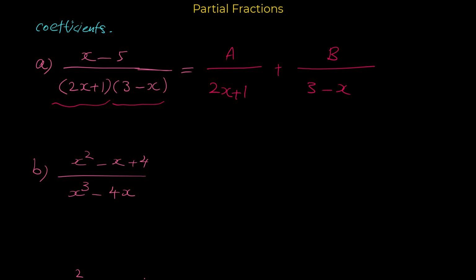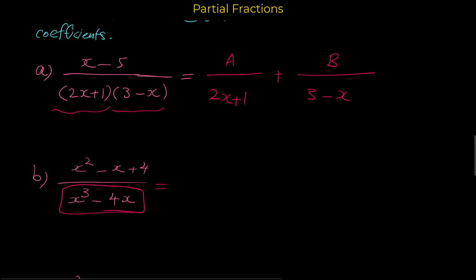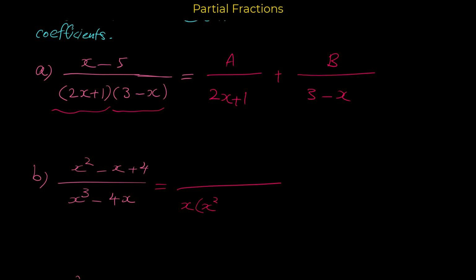For the next one, the denominator is not factored. So first, we factor the denominator. If we factor it, we can write it as x times x squared minus 4. But x squared minus 4 can be written as x minus 2 times x plus 2.